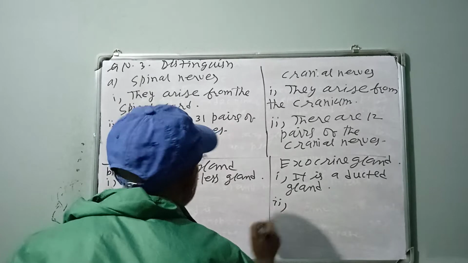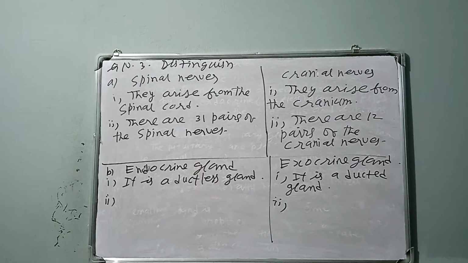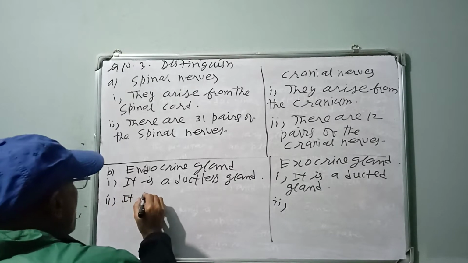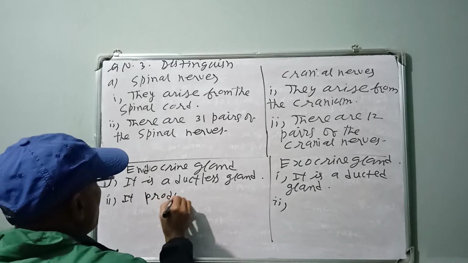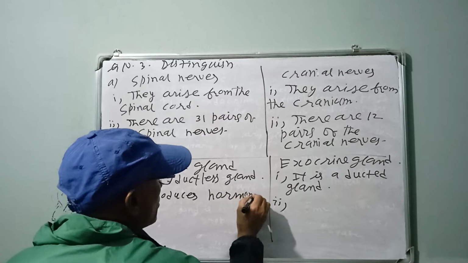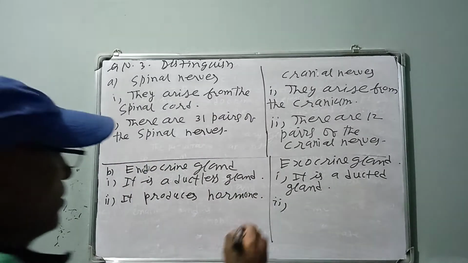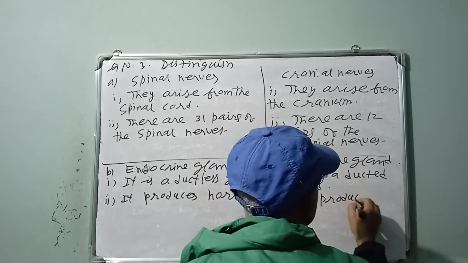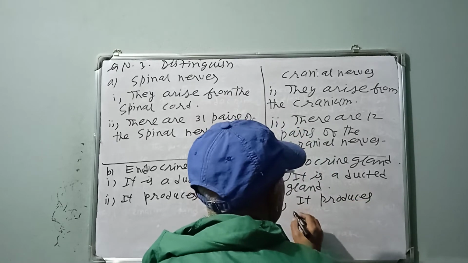मेन फंक्सन के होला त? इन्डोक्राइन ले के प्रोड्युस गर्छ, एक्सोक्राइन ले के प्रोड्युस गर्छ? Endocrine hormone. It produces hormone, chemical messenger. It produces what?